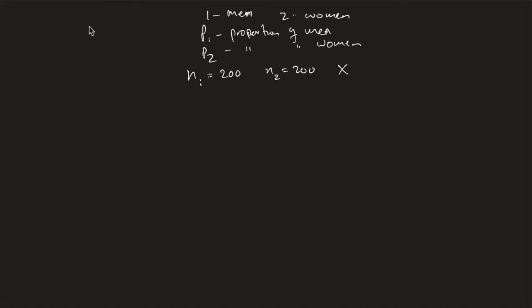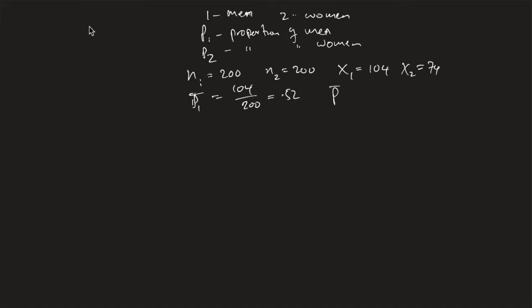And then we have X1, the number of men who said that they will get a raise, it was 104. And then X2, the number of women was 74. So from that, we could calculate our sample proportions, P bar 1, which is 104 over 200, and that gives us 0.52.